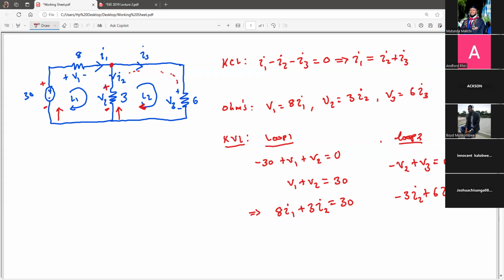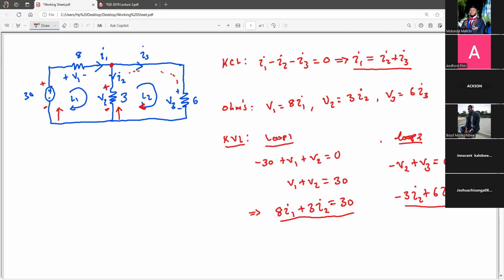Okay, so now we have three equations. We have this one here and this one, and also the one from the KCL. Because when you look at the expressions from KVL, the two expressions, they have two unknowns.